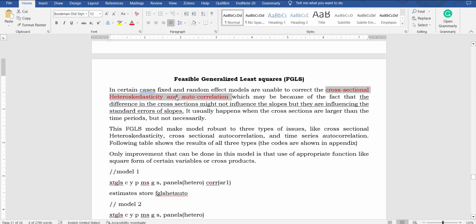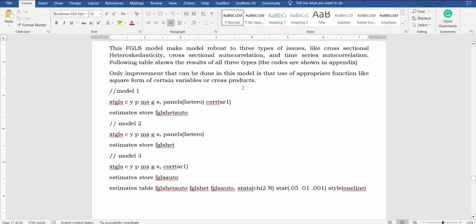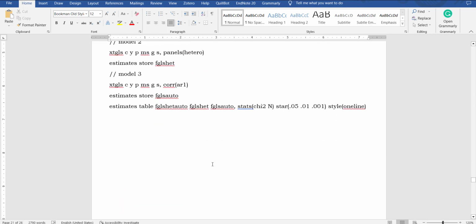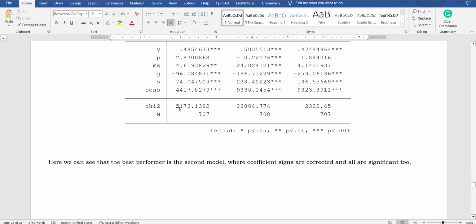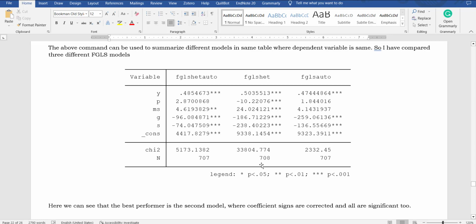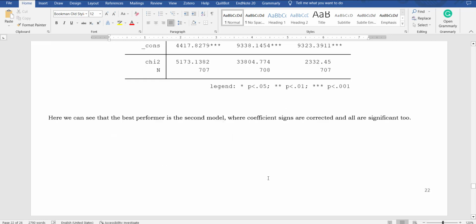If the problem is still there and the time periods are not long enough, it means your model is behavioral, and with this problem you can use this XTGLS model and make your model robust to autocorrelation or heteroscedasticity. Then you can compare different assumption models, see how coefficients differ, and select the model which is best suited or has the least root mean square error.